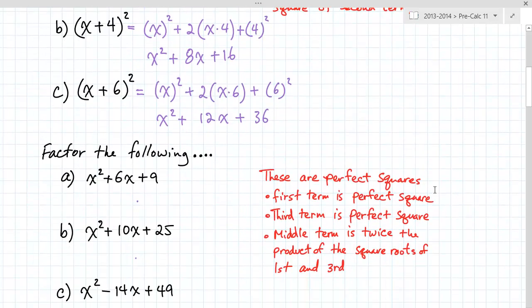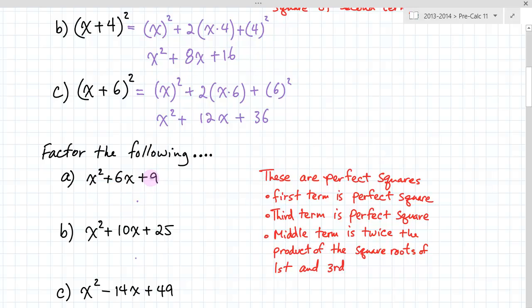Now, what if we have trinomials and we want to factor them? We notice something. The first term is a perfect square. The last term is a perfect square, right? The middle term is twice the product of the square root of the first and the square root of the last.